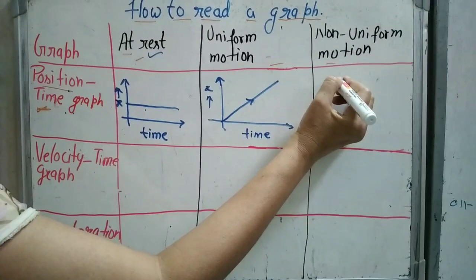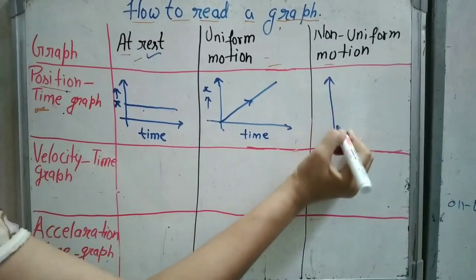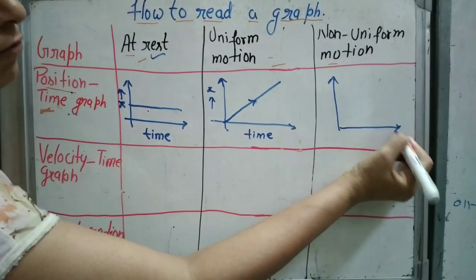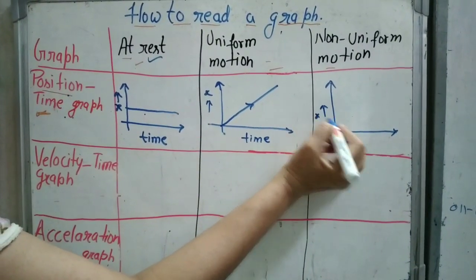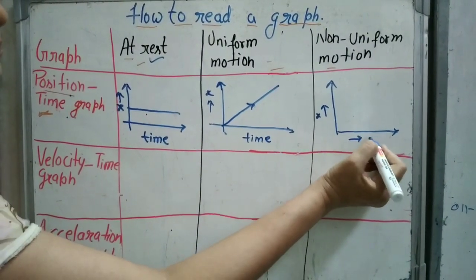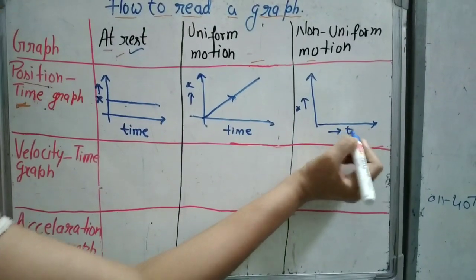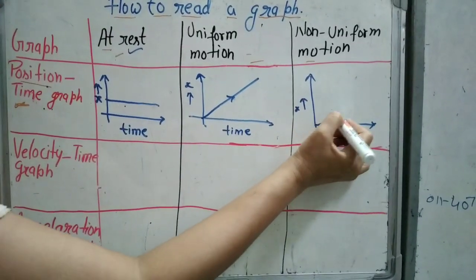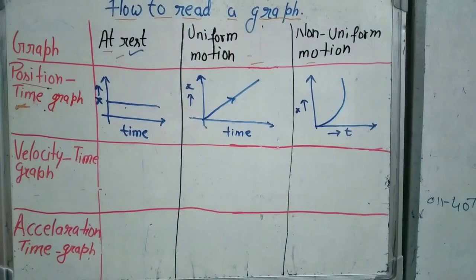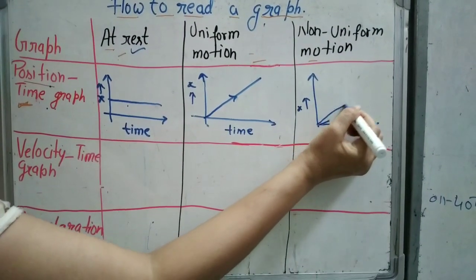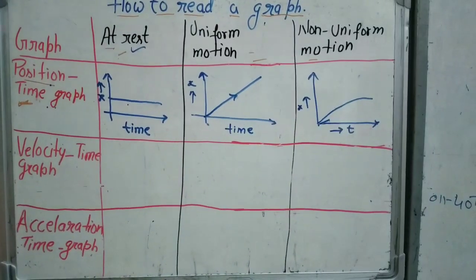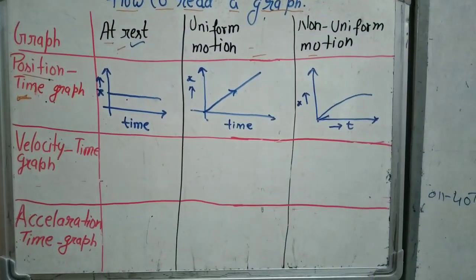So the graph of non-uniform motion on a PT graph or position time graph will always be a curve line. Student, you need to learn this. Okay, if the graph is a curve, it can go like that. Similarly, I can make a curve line like that also.